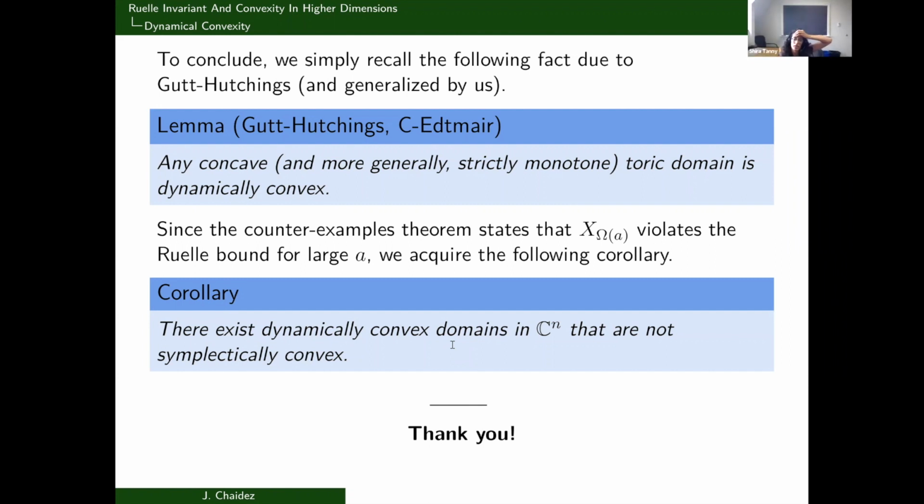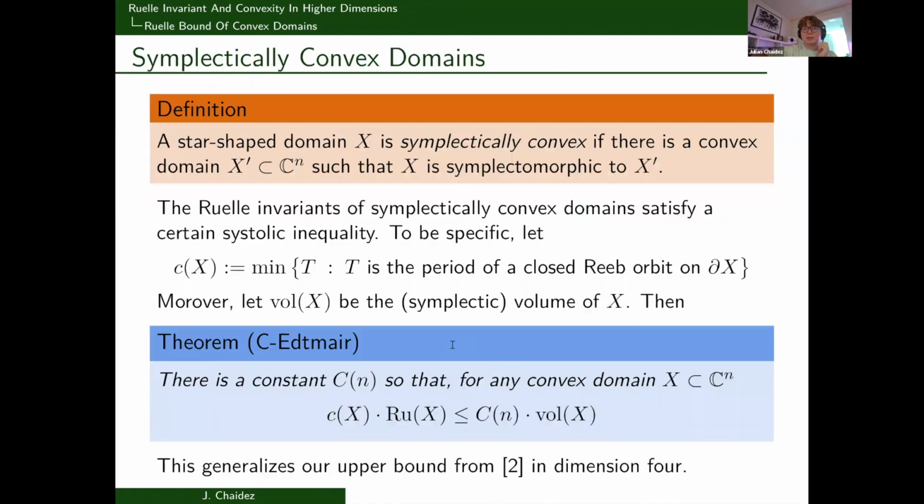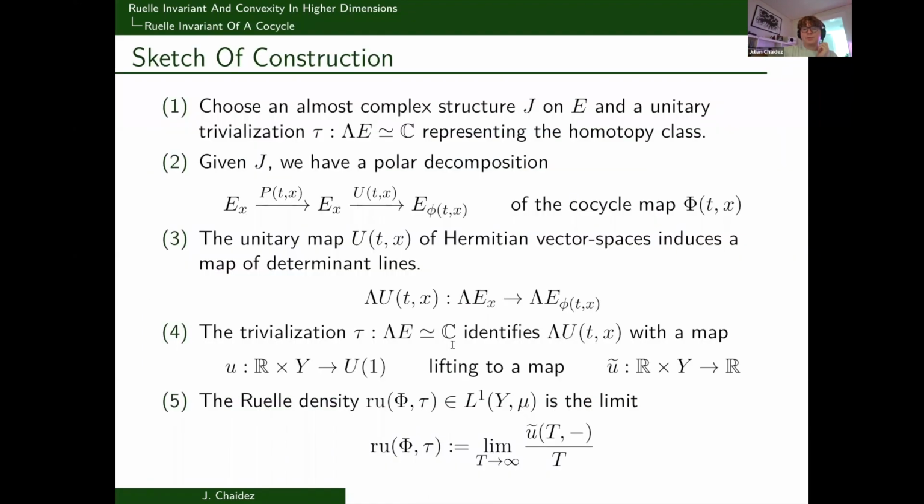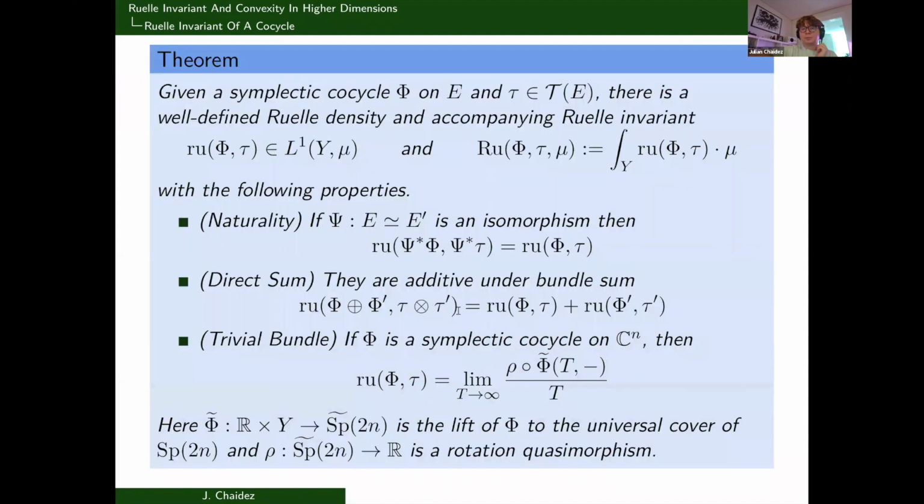I have a question. What goes wrong in the definition of the general Ruelle invariant if the flow is not measure preserving? So is this Ru not going to be L1? Oh, that's a good question.